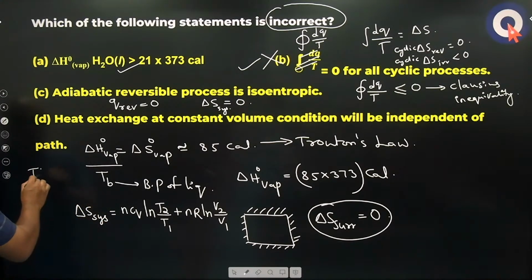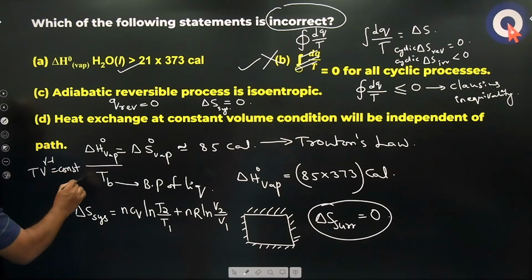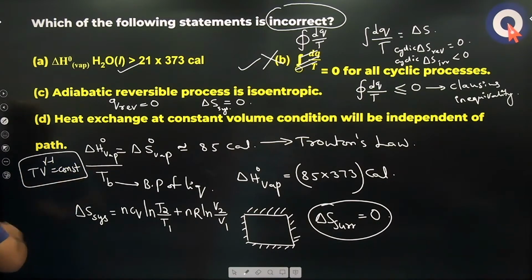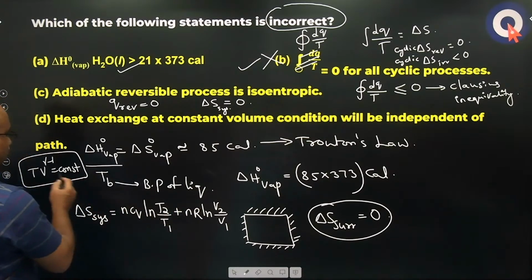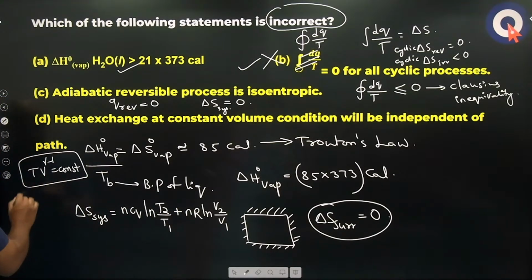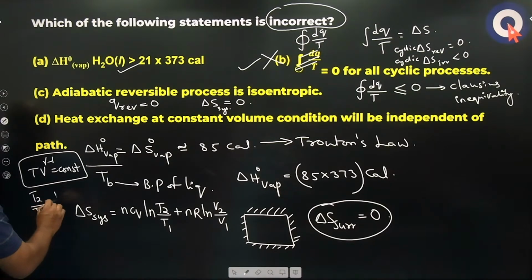What is the T and V relation? T times V to the power of gamma minus 1 is constant for an adiabatic process. So writing the T2 relation in terms of this, T2 by T1 equals V1 by V2 to the power of gamma minus 1.